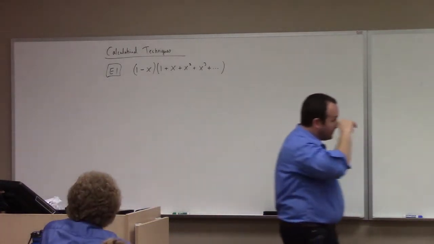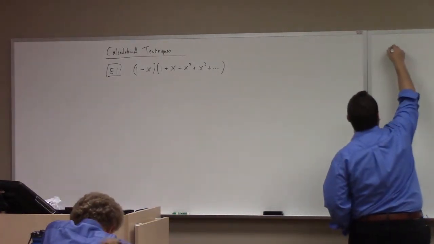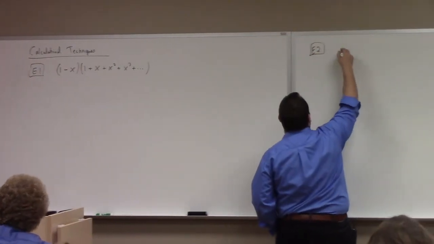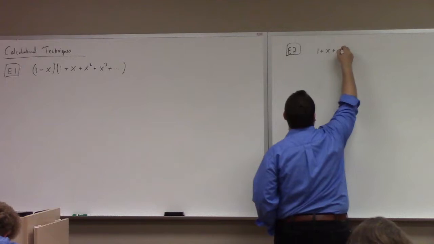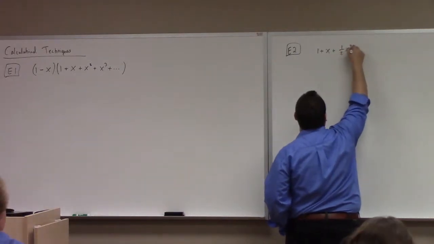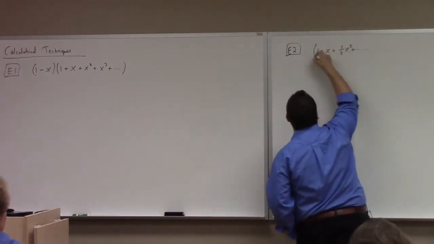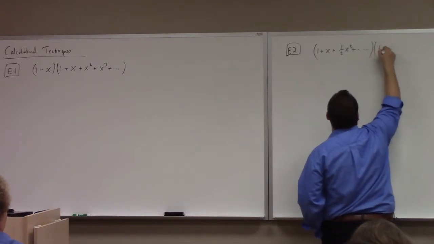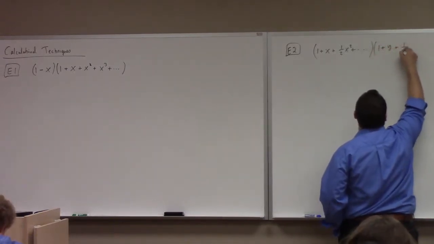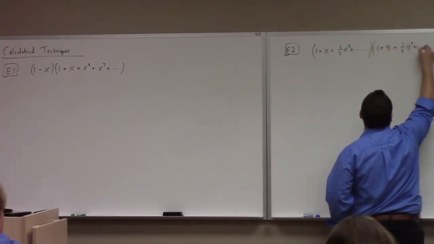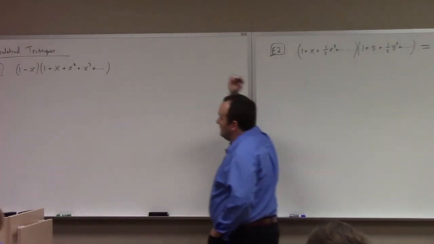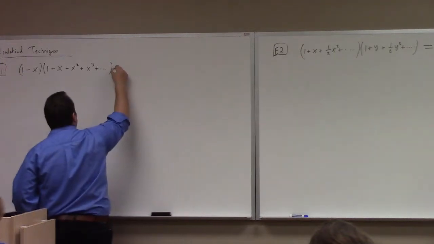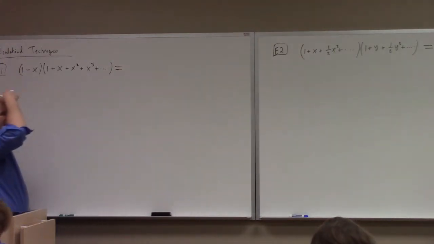Example 2. What if we calculate 1 plus x plus 1/2 x squared plus dot, dot, dot times 1 plus y plus 1/2 y squared plus dot, dot, dot. So for both of these, I want us to try to keep, let's say, to order 4.